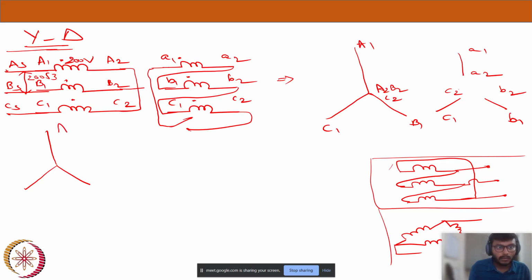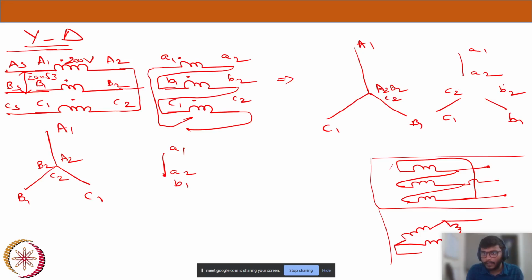A1, A2, B1, B2, and C1, C2. So see the A1, A2 parallel to A1, A2. I will just draw it here. The magnitude is of course half of it. Now I have made A2 and B1 shorted, so A2 point is nothing but my B1 point.